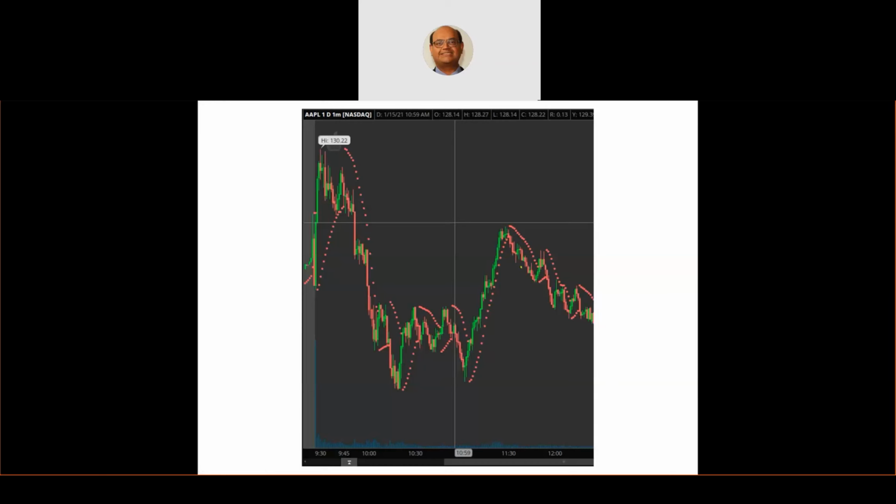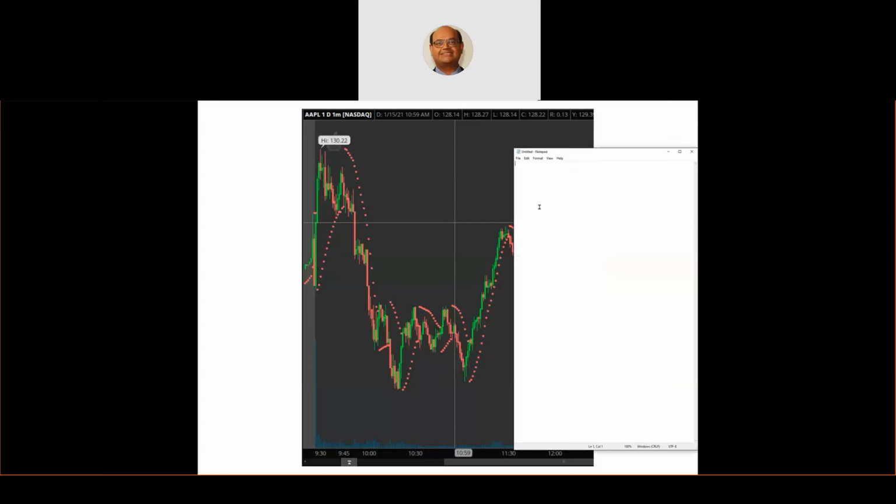As an example, let me pull up a blank sheet right here and cover this up. Now, let's say we don't know what is going to happen in the future. That's the way the graph is, right?